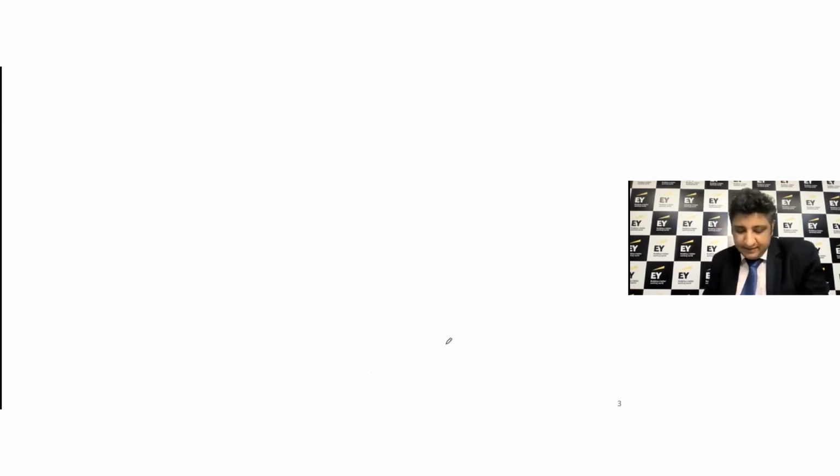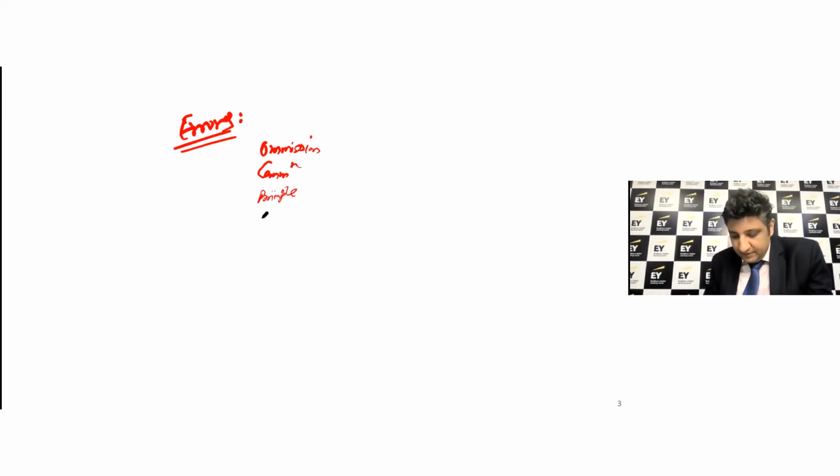And then we talk about errors, right? And when you say error, I really want you to go back and think about those basic errors that we used to talk about. Error of omission, error of commission, error of principle, right? There could be a reversal entry, right?